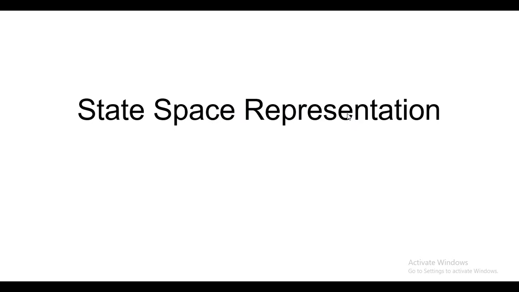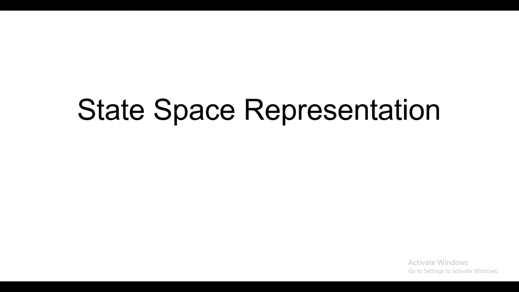Here we have to just see the basics about state space representation, meaning how the system can be represented with the help of a state and space, and what we mean by state and space. Because there is one unit based upon state space analysis or state space methods, that is the last unit, with examples on that.